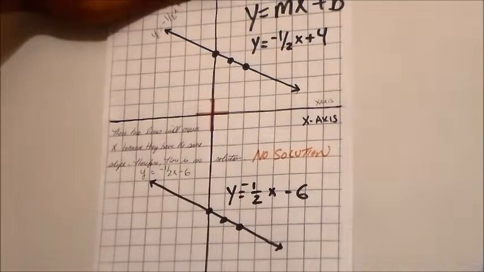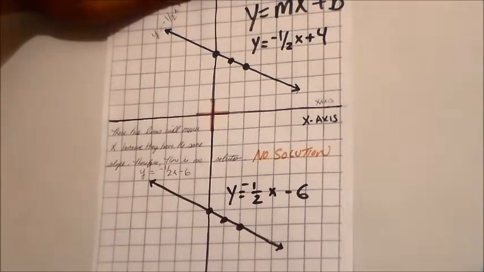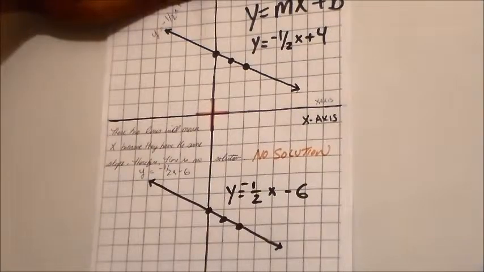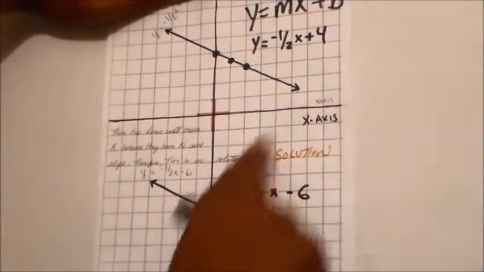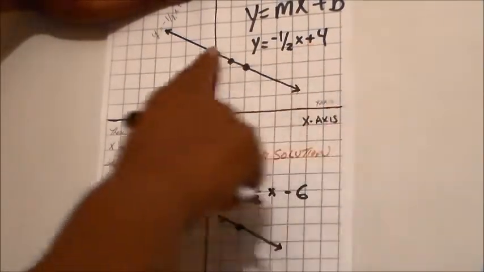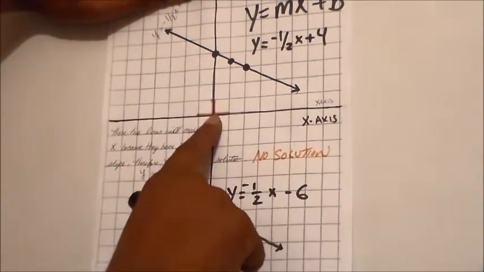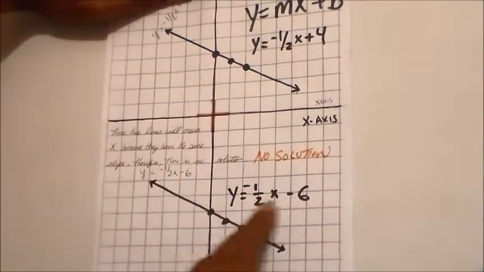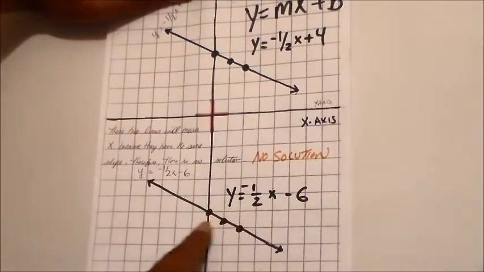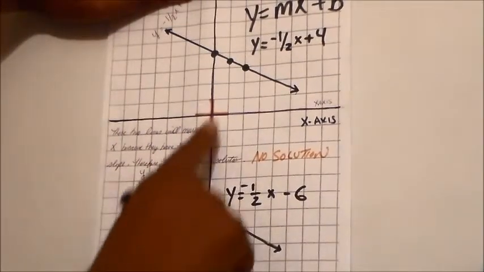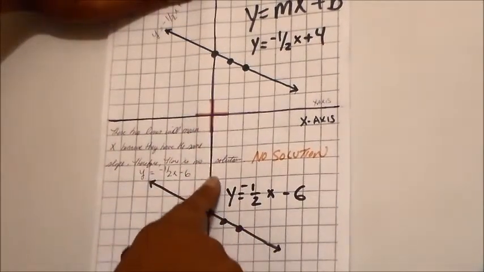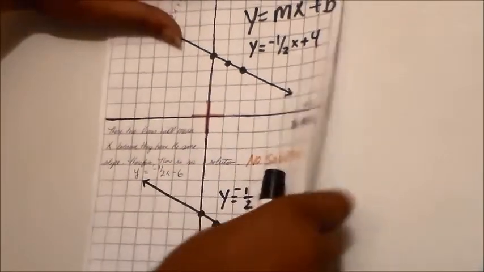If not, I encourage you to go to the first systems of equations video. So we knew that the slopes were the same, and this one intersected the y-axis at positive 4: 0, 1, 2, 3, 4. And this linear equation intersects the y-axis at negative 6: 1, 2, 3, 4, 5, 6. So that was the first way, just a quick overview on that.